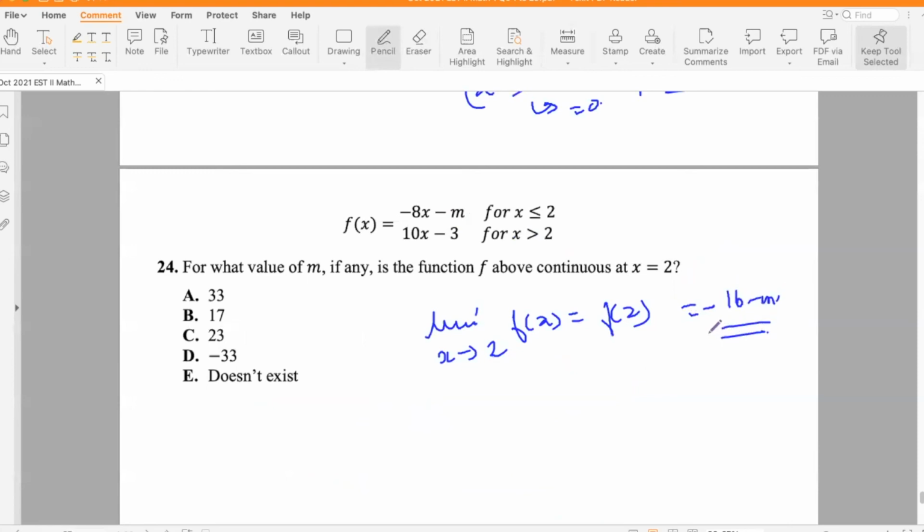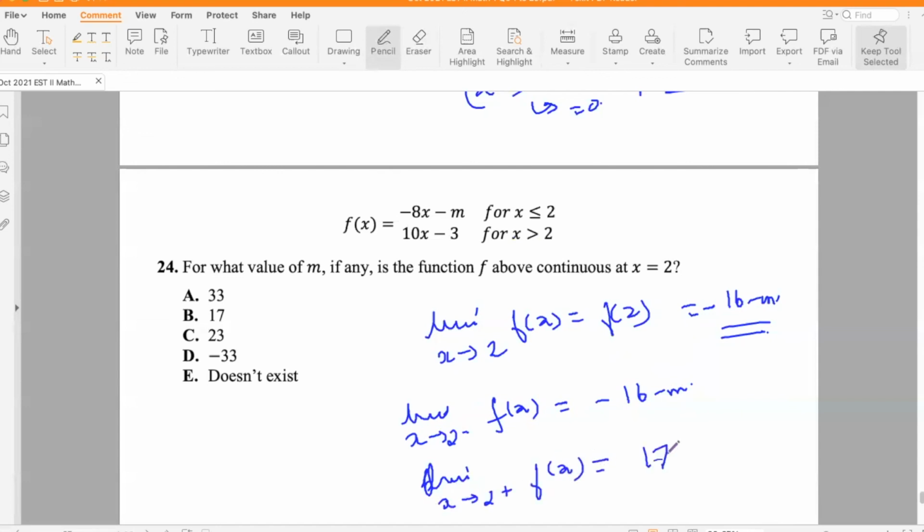The limit as x tends to 2 from the left of f(x) is minus 16 minus m, and the limit as x tends to 2 from the right of f(x) is 17. So these two should be equal. So minus 16 minus m should be 17. So m is minus 33. D.